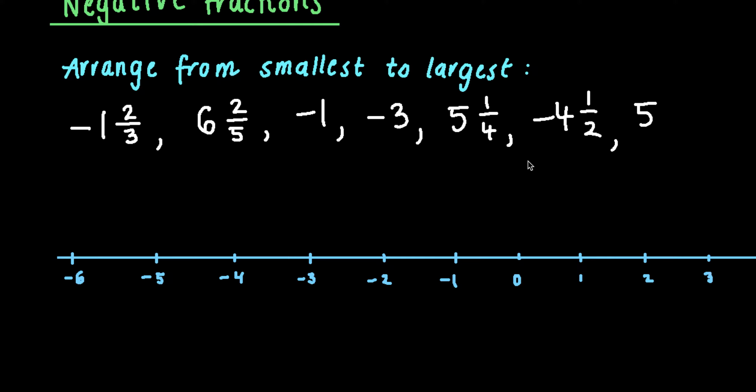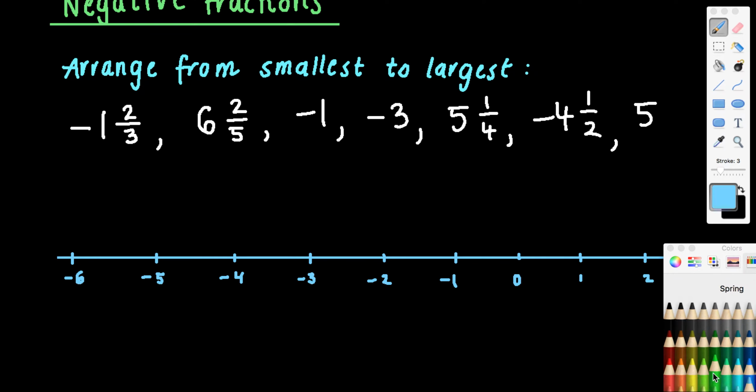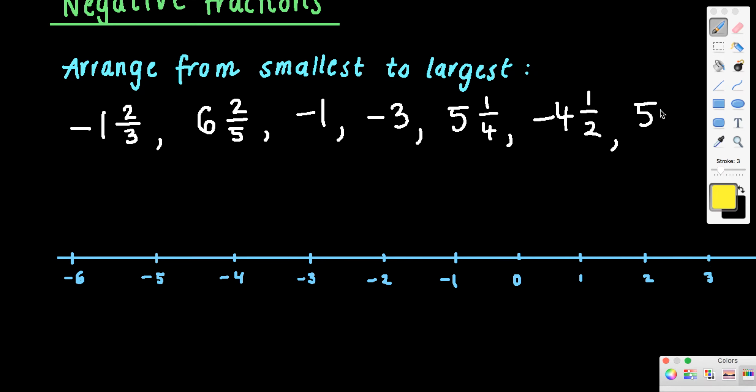So here I'm going to grab a pen, maybe a different color as well, and mark on my number line where these numbers fall. For example, -1 and 2/3. Here's -1, but I need to go 2/3 of the way towards -2.